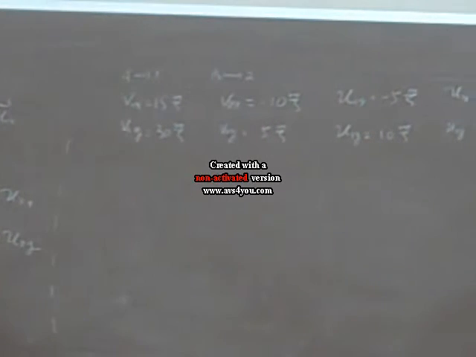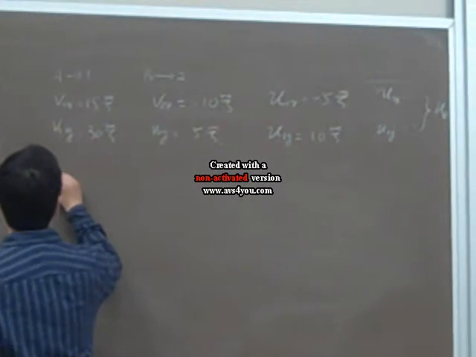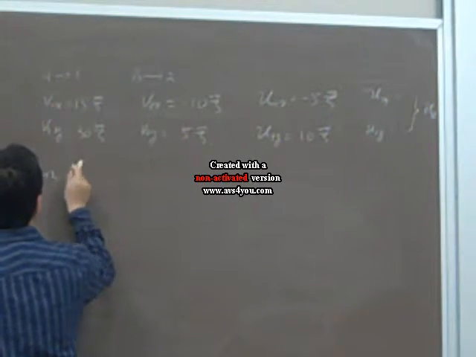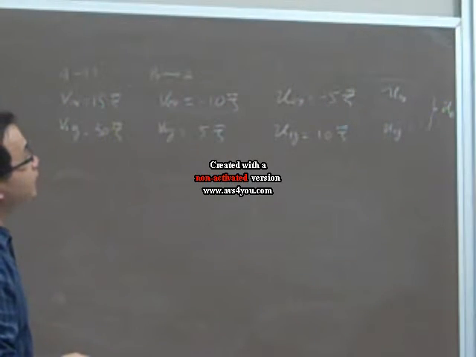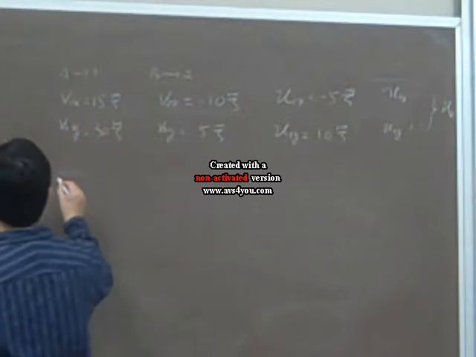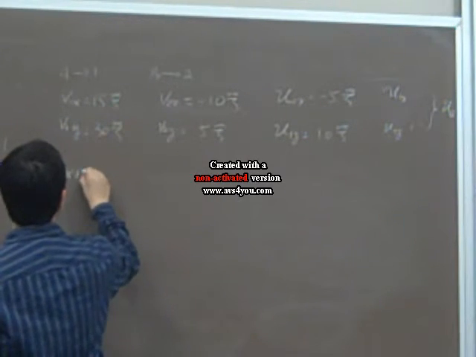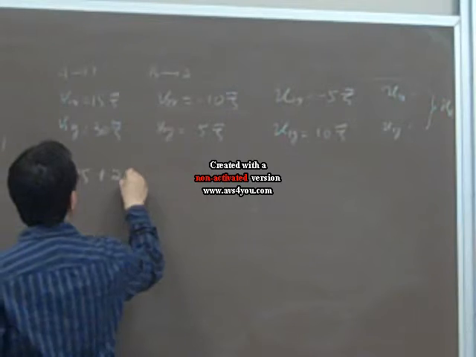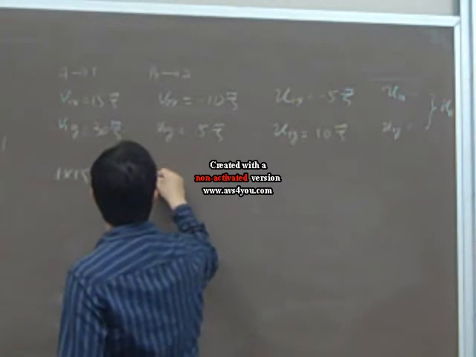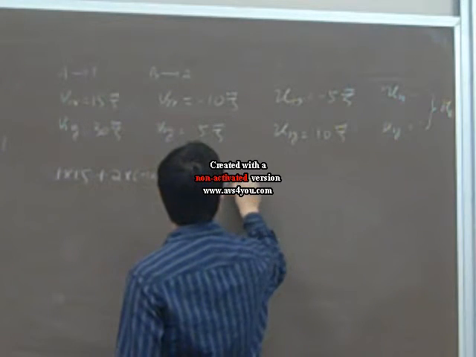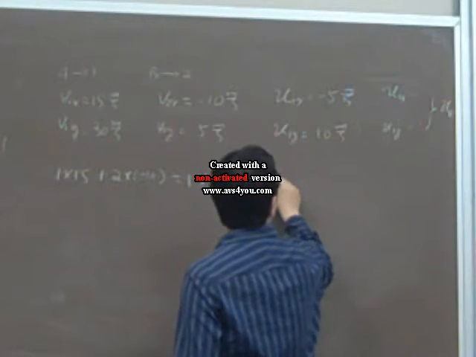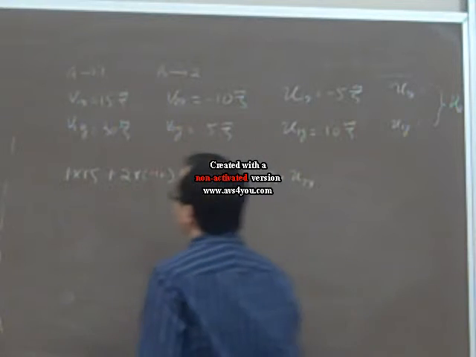So now, if you put them into the two equations, that's quite straightforward. What's m1 here? 1 kilogram, m2 is 2 kilograms. So 1 times 15 plus 2 times negative 10 equals 1 times negative 5 plus 2 times u2x.